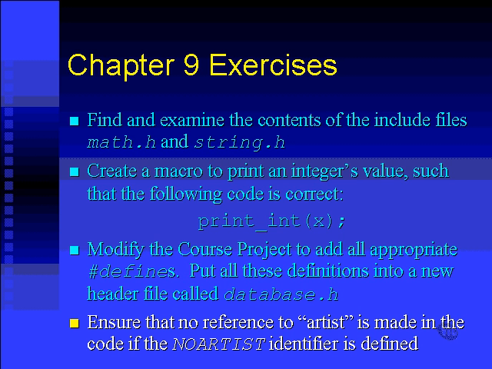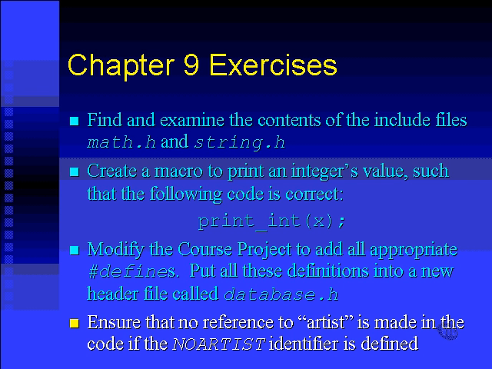Now, as a final special exercise, I want to use a hash ifdef type construct to make sure that we can compile a version of our CD database that does not have any reference to artists. In other words, we don't prompt the user for an artist, and we don't print out any artist information when we're printing things out.